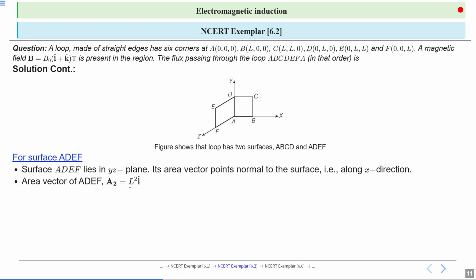So A2 will be equal to L square I cap. Now we will combine the areas for both the surfaces for entire loop. So resultant area vector will be equal to A equal to A1 plus A2 will be equal to L square K cap plus L square I cap.